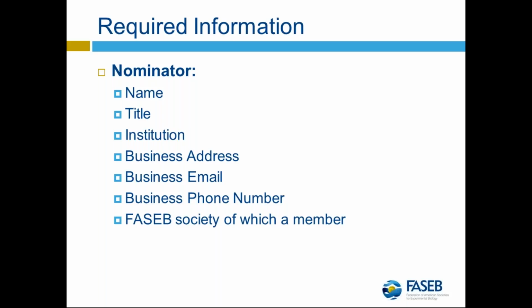It's fine if you submit acronyms. If you're a member of multiple FASEB societies, awesome. You can list all of your member societies, but we do need to have that society affiliation. For the nominee, we will need her name, title, institution, business address, business email, business phone number, and the FASEB society of which she is a member.